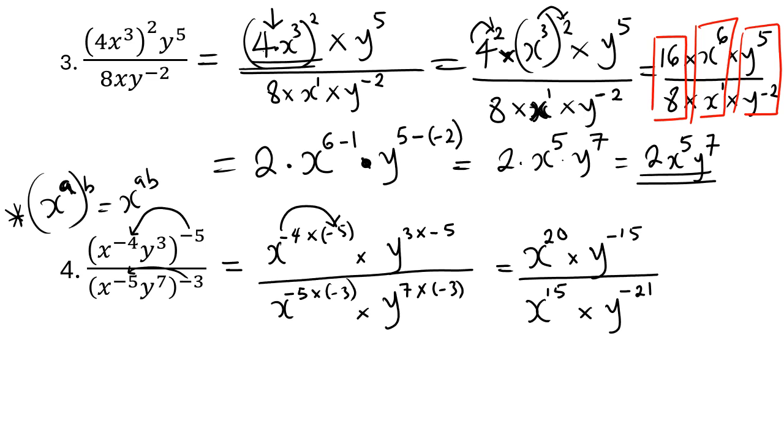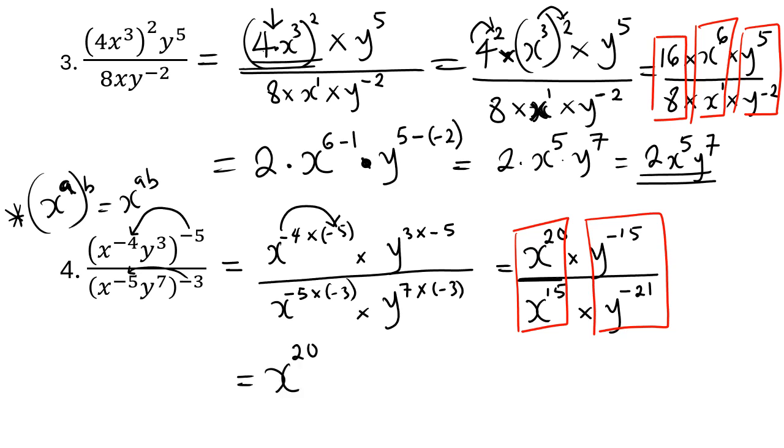Now you can see what we're dealing with here. We have all the x variables together, and then we're going to bring all the y variables together as well. So this is going to lead us to x to the 20.